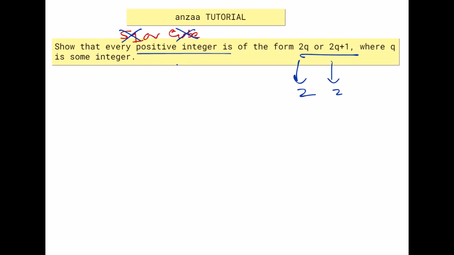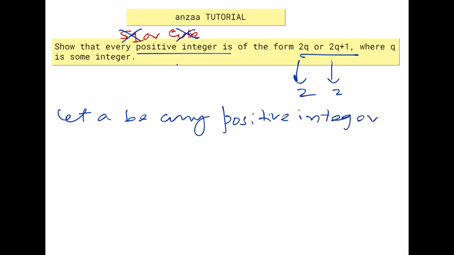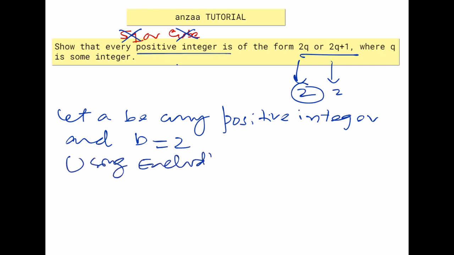Understood? So let us first assume that a is any positive integer. And as I told you earlier, the value of b we have to keep is whatever coefficient is given here. Here it is 2. Next step is using Euclid's algorithm.